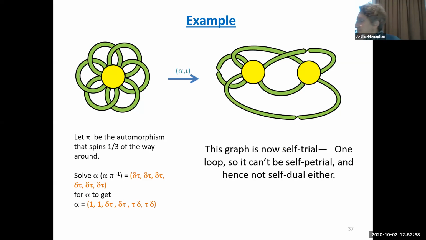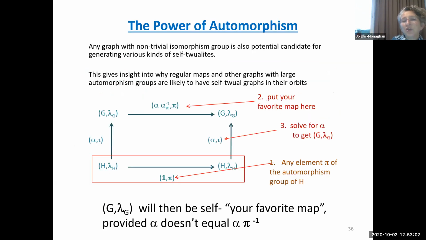I'm going to not do the power of automorphism, but simply mention that instead of putting one vertex graphs at the bottom, you can instead not do any twisting or dual of the edges, but take advantage of the automorphism group. Just change the permutations.